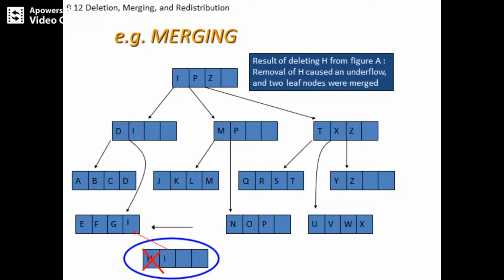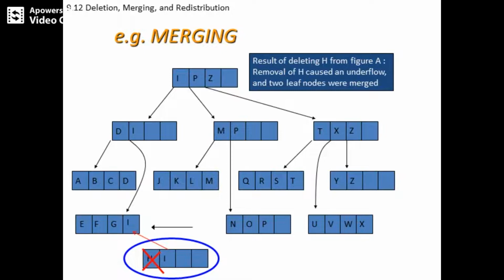If your node is less than half full, then we can conclude that it is underflow. If you have an underflow condition, then either you can go for merging or you can go for redistribution.